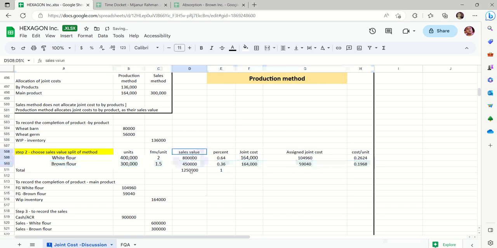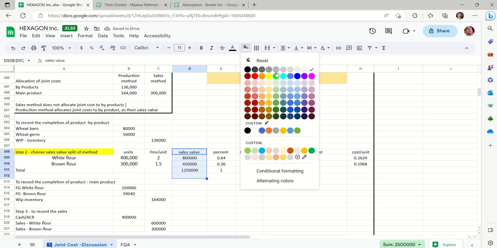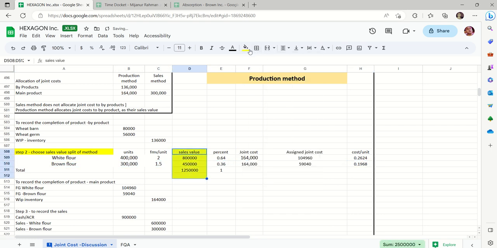Once we find out the sales value in this column, highlighted in yellow, perhaps we can highlight that in neon, we simply sum this: 800,000 plus 450,000. That would give us 1,250,000 in total sales value, or the total value of the goods produced.